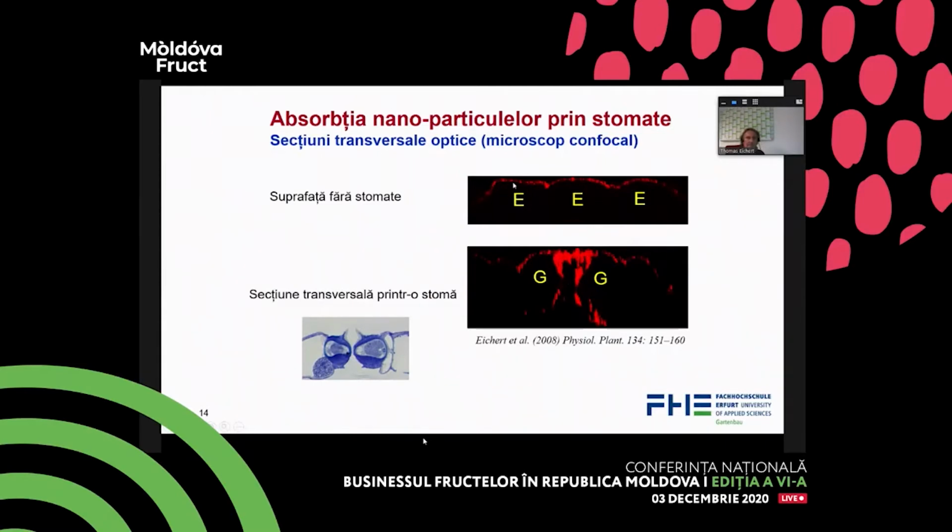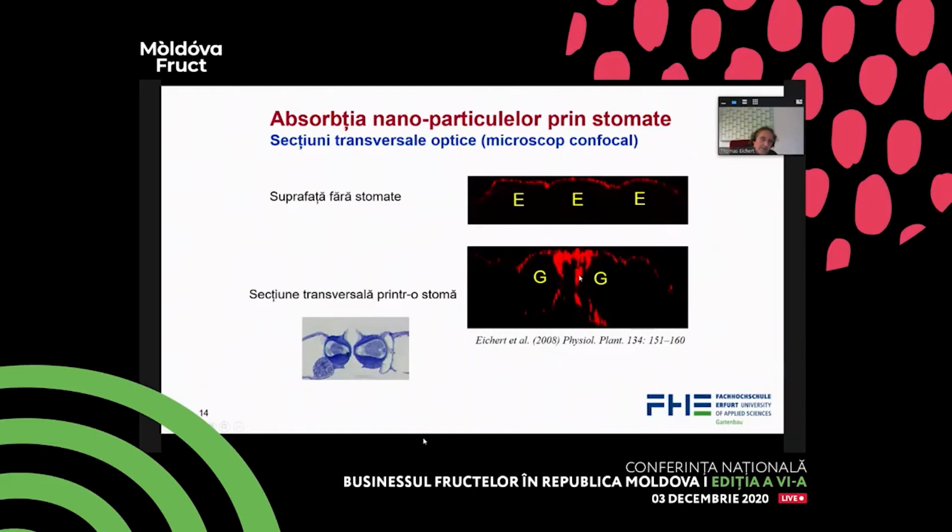So this is a cross-section where the surface has no stomata. You see the epidermal cells and the material is on the surface. And if we made this optical slicing of the leaf, and by incident we sliced in the middle of such a pore. These are the guard cells forming the pore. You can see it at the light microscope. And this is the stomatal pore.